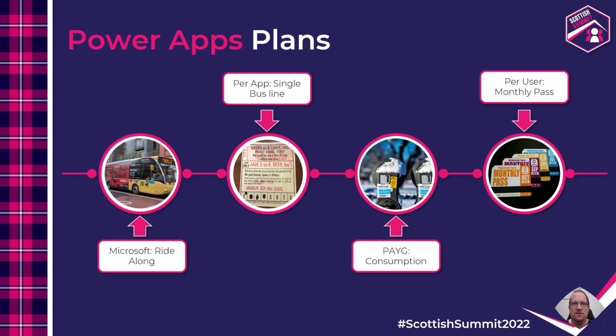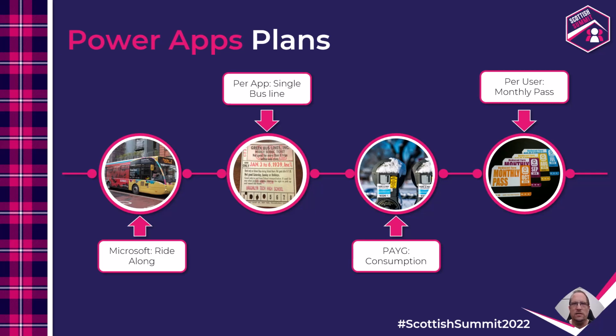We've covered the basic concepts and now we will move on to Power Apps plans. Just like with travel options, with Power Apps plans you have different options that fit different scenarios. So we'll look at the different types of options that we have, such as riding along a free ride, that is like the Microsoft seated licenses, or jumping into a bus on a single bus line, which is similar to the per app license, or a bit like a parking meter, using a pay-as-you-go option that is based on the consumption.